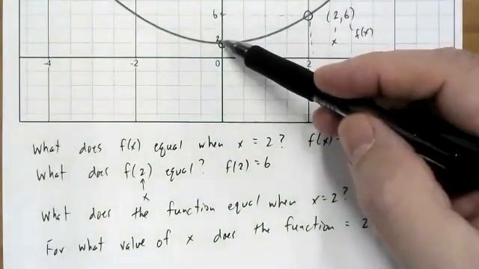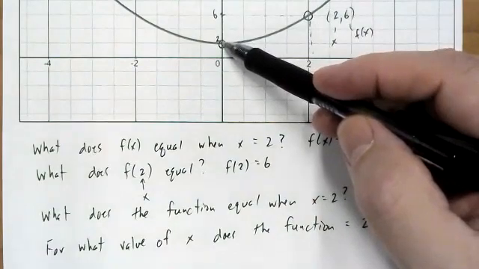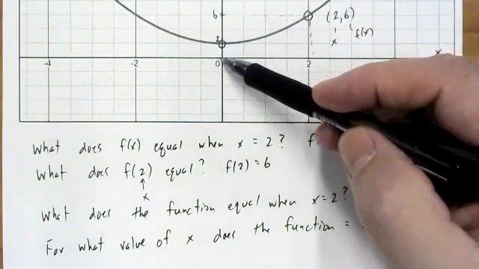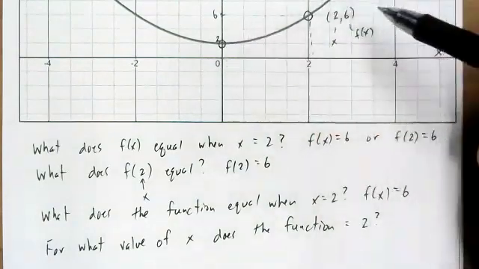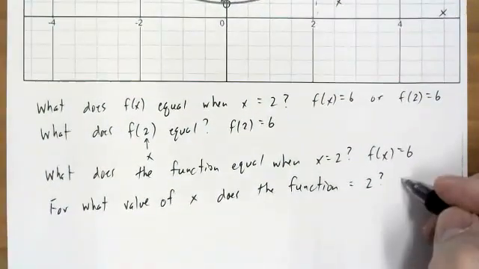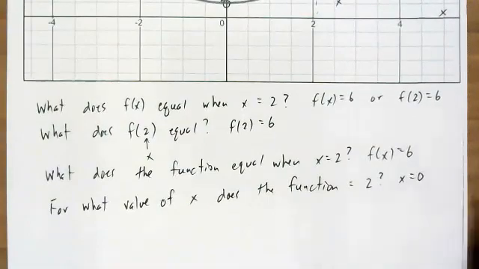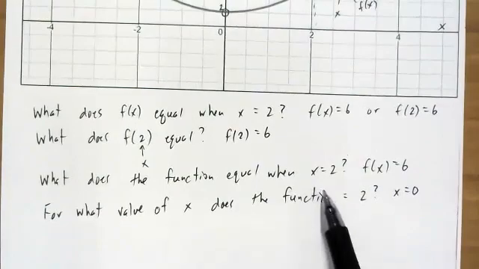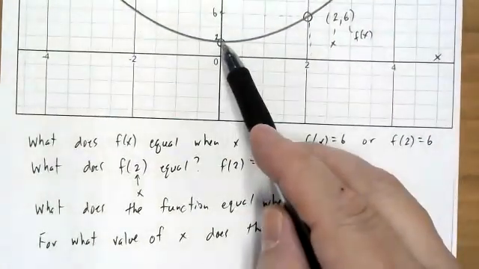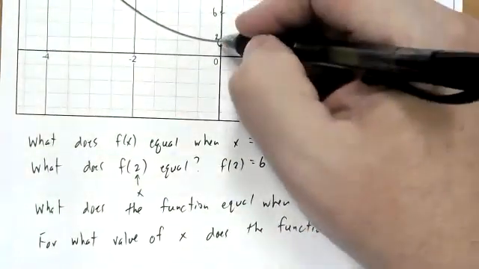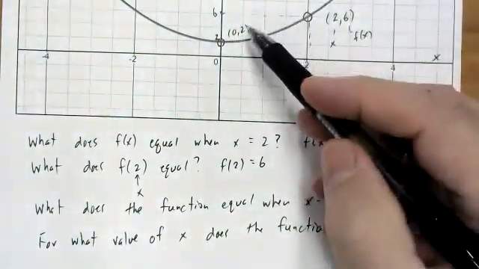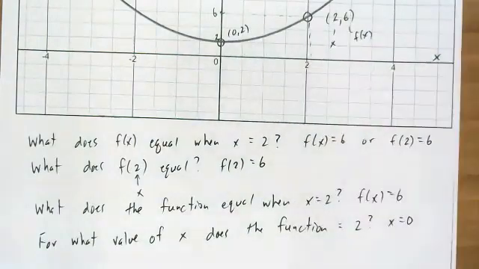So when the function is 2, this is where I'm at on my graph. And what's the value of x at this point? Well, the value of x is 0. So the answer is, for what value of x does the function equal 2? X is 0, because this point here is 0, 2. The function's 2, the value of x is 0.